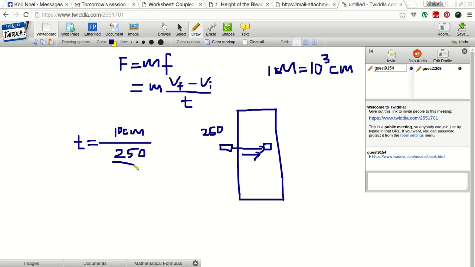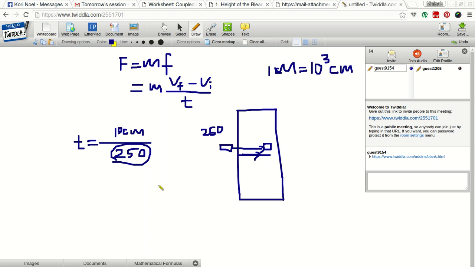So if you just divide the total distance by 250, then you will not get the total time. Do you understand this argument, or do you want me to go over it again?